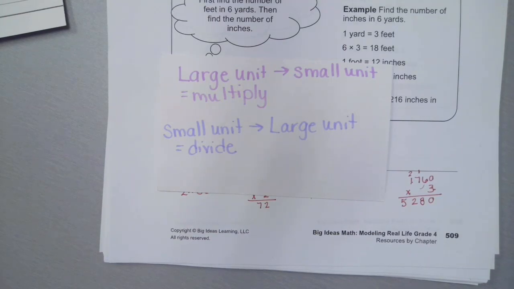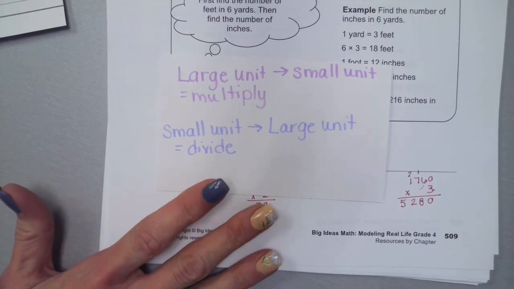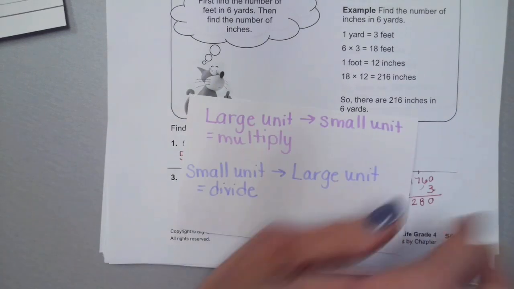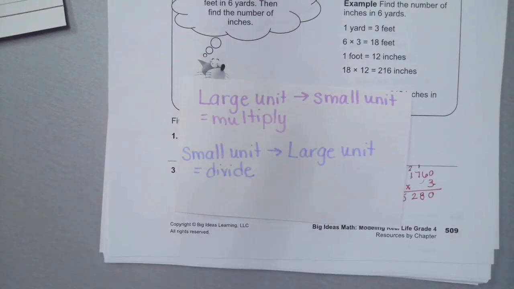So if I had 36 inches and I wanted to know how many feet that was, I would divide. 36 divided by 12 would give me 3. I would definitely keep this out as you're doing your work, but just make sure that you have your reference card somewhere that you can easily see it. Okay?